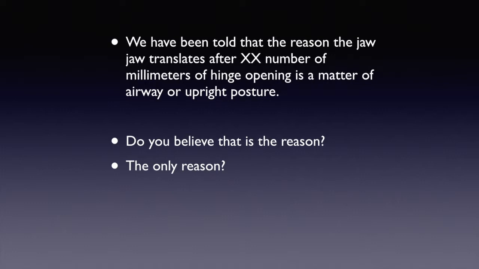If we may digress for a moment, there is another facet in this discussion about how the stretch receptors limit the lengthening of a muscle past its maximum resting length. Conventional wisdom holds that the hinge opening of the human jaw is limited to X number of millimeters because beyond that point the airway is impinged upon.